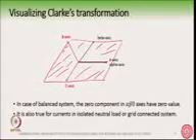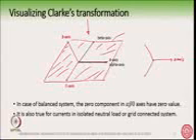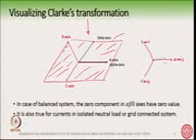Sometimes instead of drawing it this way, we also draw it as if we are looking from the top. Looking from the top of this plane, we will see the A axis here, B axis here, and C axis here, and we will also see the alpha axis here and beta axis here.